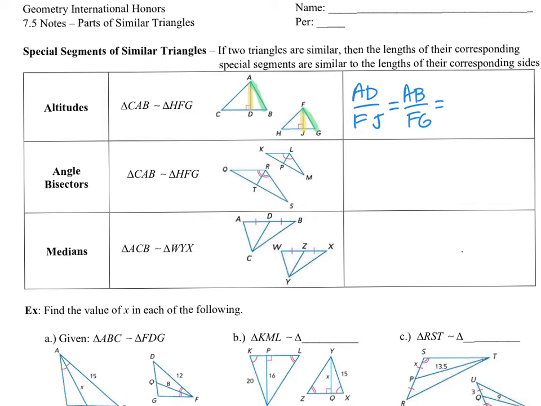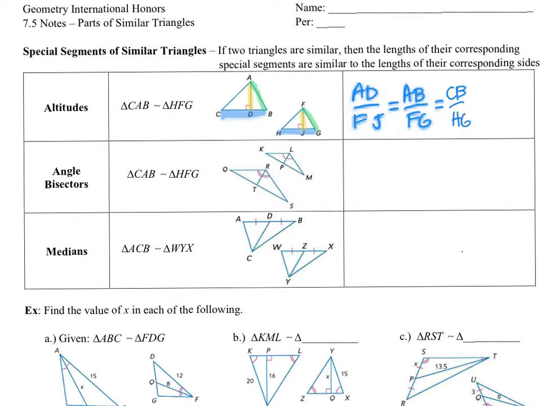And along with that, let me highlight another pair of corresponding segments. How about, let's make it blue. How about CB and HG? And again, we know that they correspond because CB are the first and last vertices named in the first triangle, and HG are the first and last vertices named in the second triangle. So we'll write the ratio of CB to HG.